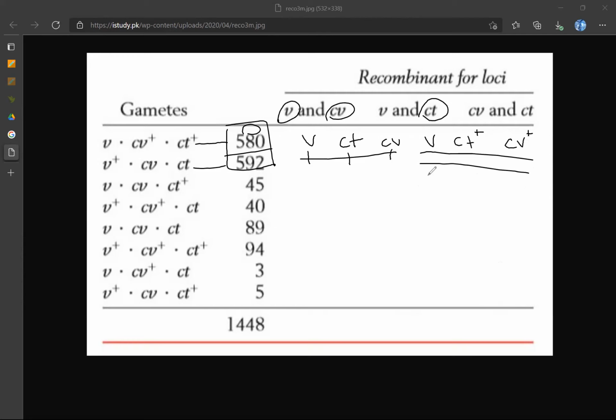Because this is how I do it. I put the correct one in the center anyway. And then I can show the individual crossing over events.